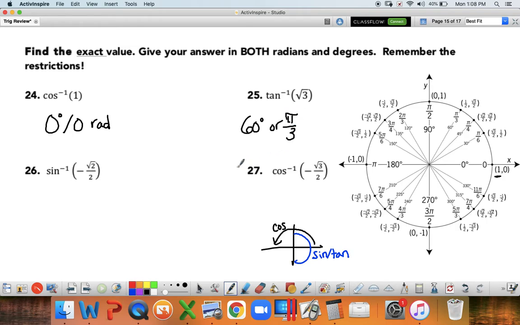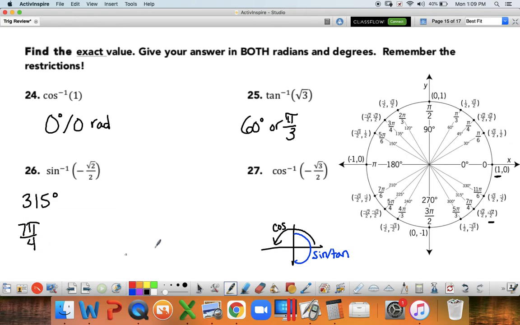And you can always double check on your calculator. We want an angle where the sine value is negative square root of 2 over 2. Sine negative square root here, okay? So when you look at your unit circle, you're thinking, oh, it must be just 315 degrees, right? Or 7 pi over 4.